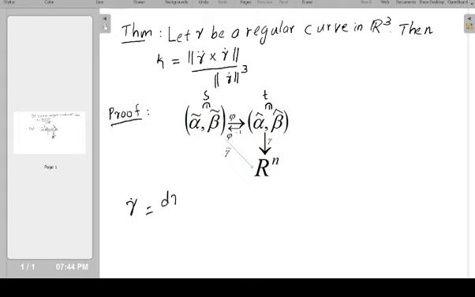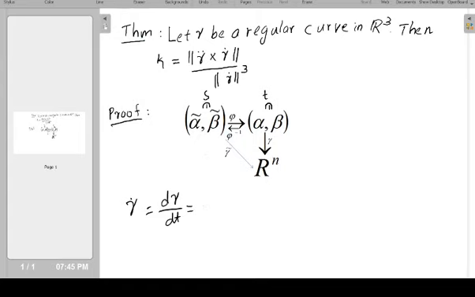Forget about this gamma tilde and alpha tilde and beta tilde, I don't want that. So here is gamma, so d gamma by dt.